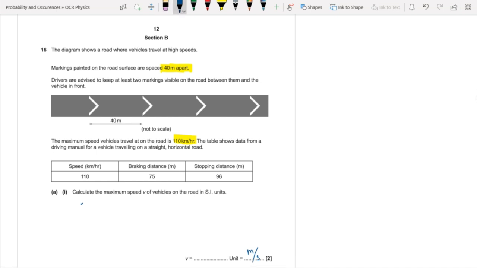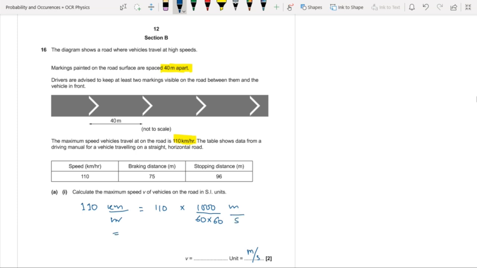Okay, so 110 kilometers per hour. We know kilometers to meters is a factor of 1000. So 110 multiplied by 1000 meters, and hours to minutes and then seconds, that's 60 times 60.